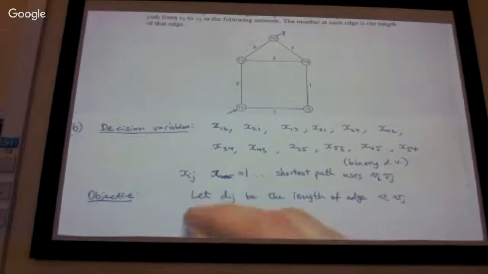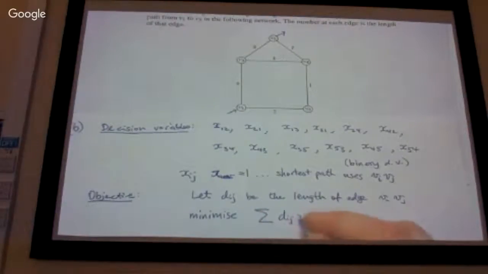And what I want to do is minimize the distances of the edges that we're using, summed over all i and j. Good enough.